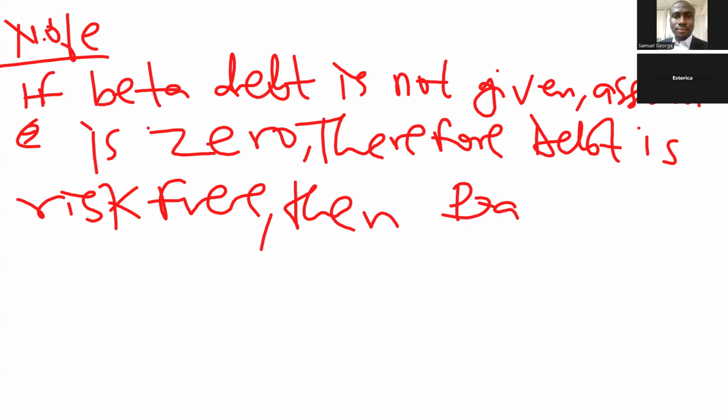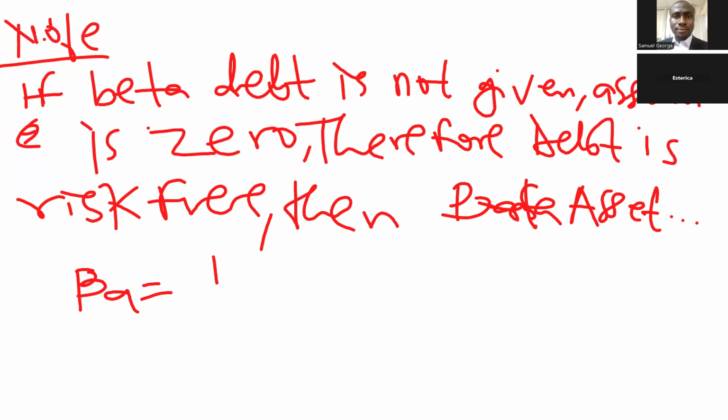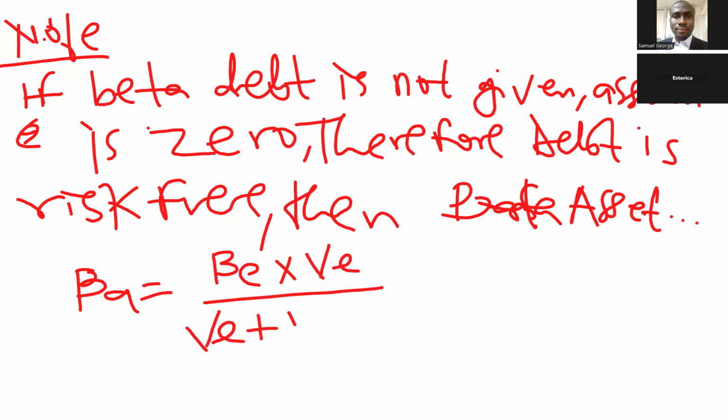Then beta assets will be equal to beta equity times the value of equity over the value of equity plus the value of debt times 1 minus tax, plus 0. So the other side will be 0.